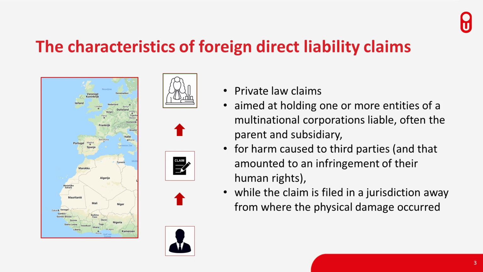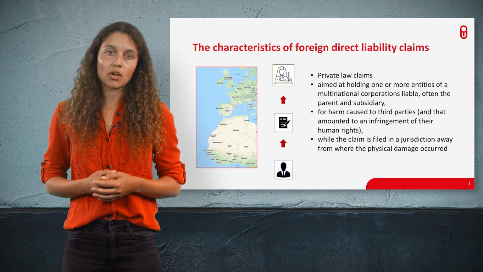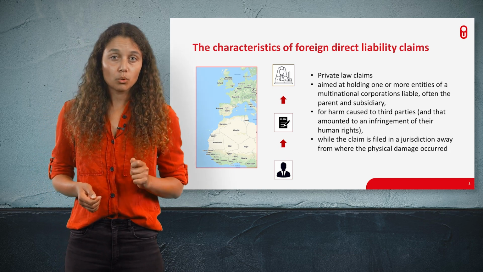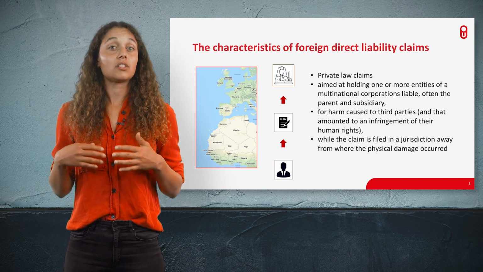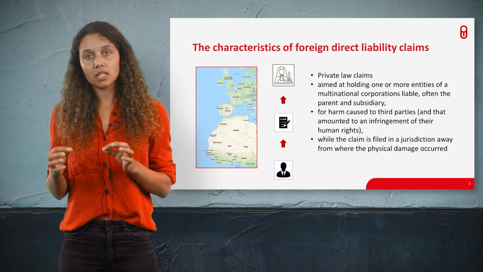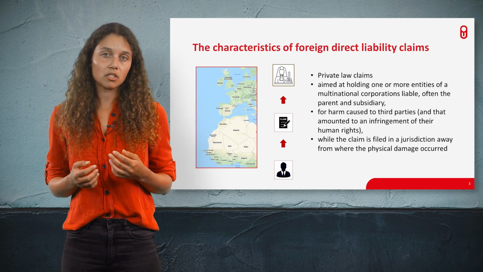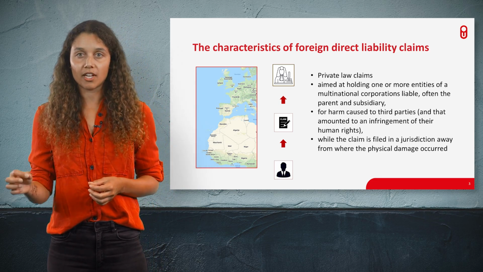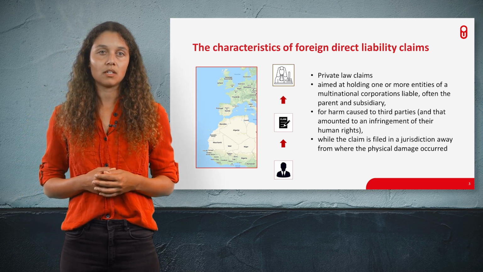The use of foreign direct liability claims is often said to have originated in the United States. In the 1980s, the use of the Alien Tort Claims Act gained in popularity because the statute reads that American district courts can assume jurisdiction over civil actions initiated by aliens for torts committed in violation of the law of nations or a treaty of the United States.